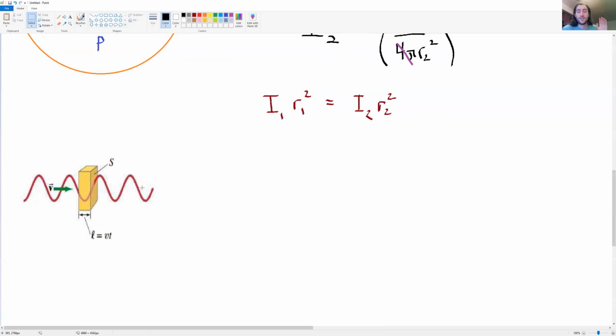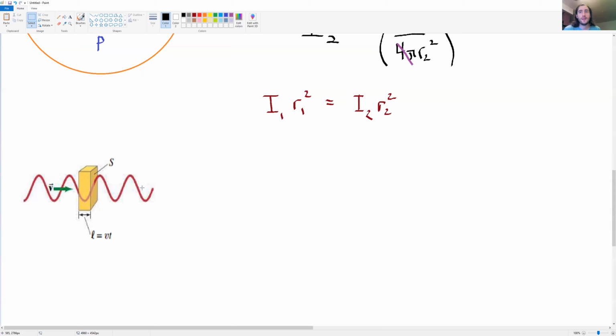We have a wave that's traveling in space, and we're saying that in this small region here, in this small volume, there's some energy carried by that wave. Okay. S here is the surface area of that box, the face of that box, the front of the box there.